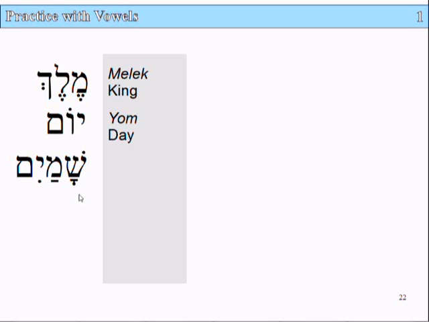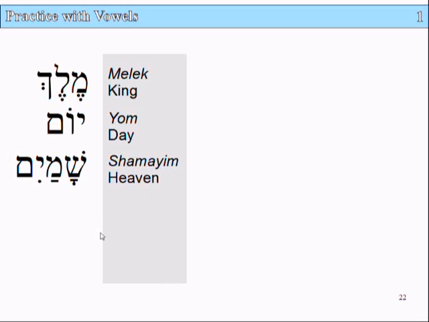In the beginning, Elohim created the heavens and the earth. Bereshit bara Elohim et ha-Shemaim, the heavens, ve'et ha'aretz, and the earth. So Shemaim means heaven. It actually means heavens.